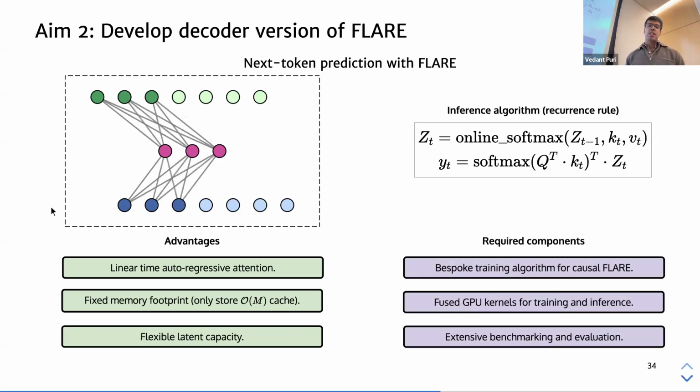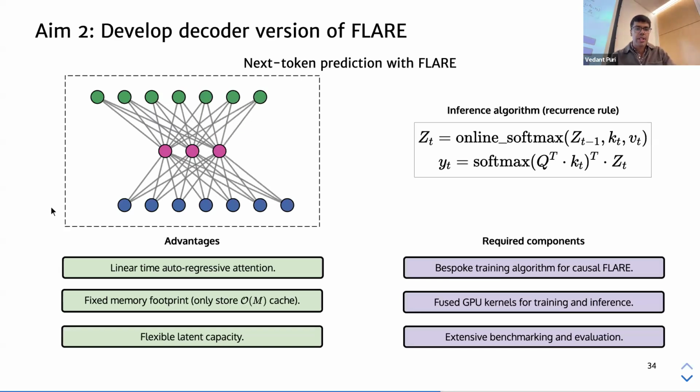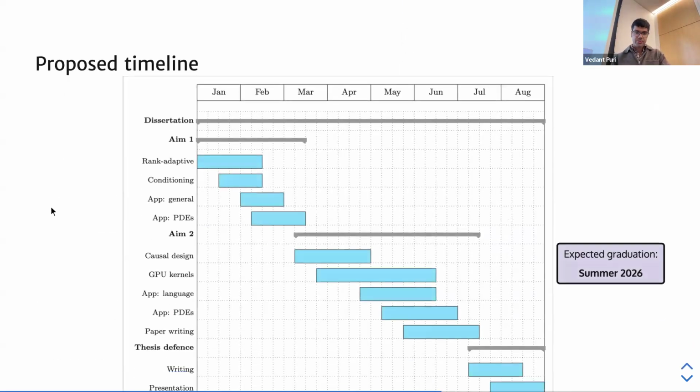The challenges with this task are the following. First, we would need to develop a bespoke training algorithm for this causal version of FLARE so we can maintain high throughput in training. Secondly, we need to write fused GPU kernels for both training and inference. Finally, we need to do extensive benchmarking and evaluation to make sure our model is indeed performant as compared to other decoder transformer models.